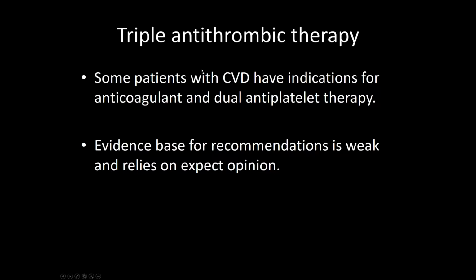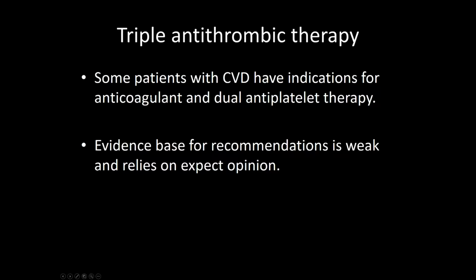The other big question that comes up is triple antithrombotic therapy. Why? Because this patient has a thrombus, so he has an indication for anticoagulation, on top of the dual antiplatelet, because the patient recently had percutaneous coronary intervention with stenting. This is seen in patients who might have indications for anticoagulant. Other most common reasons would be AFib, which would need long-term anticoagulation.